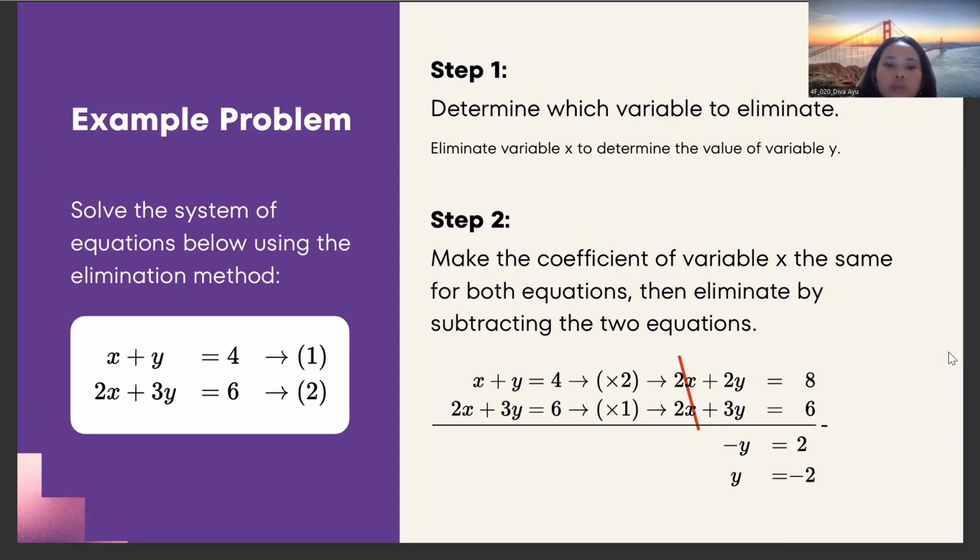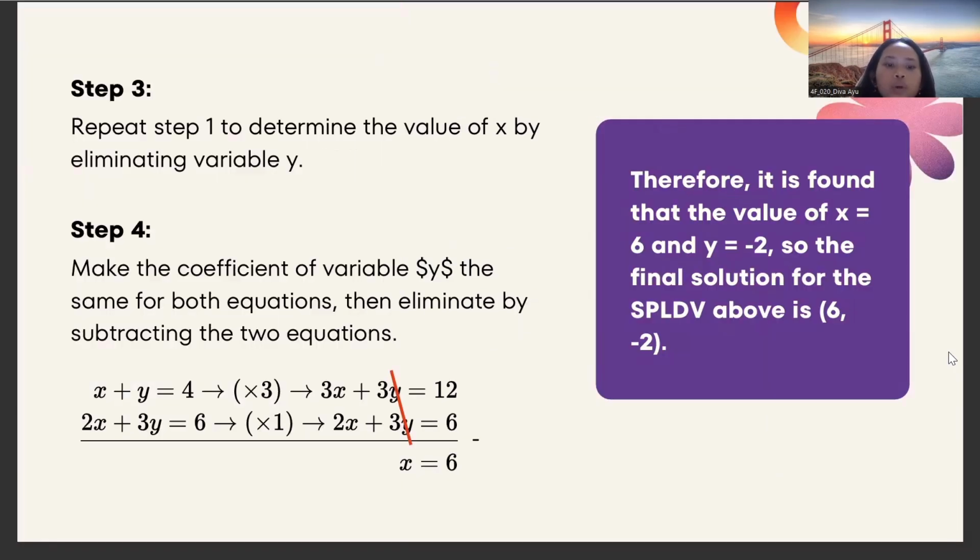Finally, we solve for the remaining variable. Next, we repeat the same process to determine the other variable. After completing our calculation, we find that x equals 6 and y equals negative 2. Therefore, the solution of the system is (6, -2).